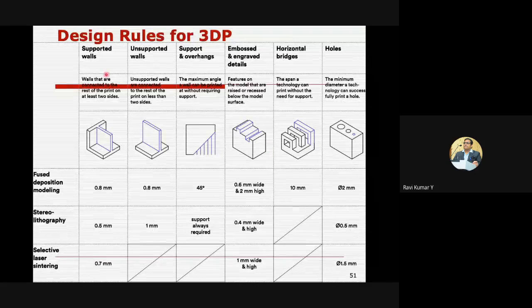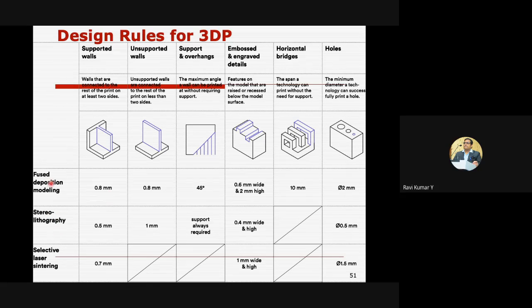Say you come across some support wall kind of feature, then if you are looking at an FDM, extrusion based system, then you should not even go less than 0.8 mm. You cannot produce this kind of feature with FDM technology, but it is possible. You can go up to 0.5 mm if it is a laser based or stereolithography or a VAT based system.